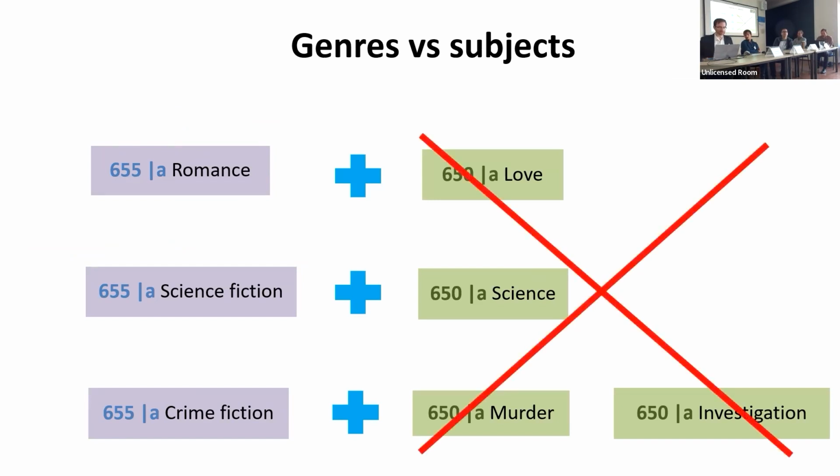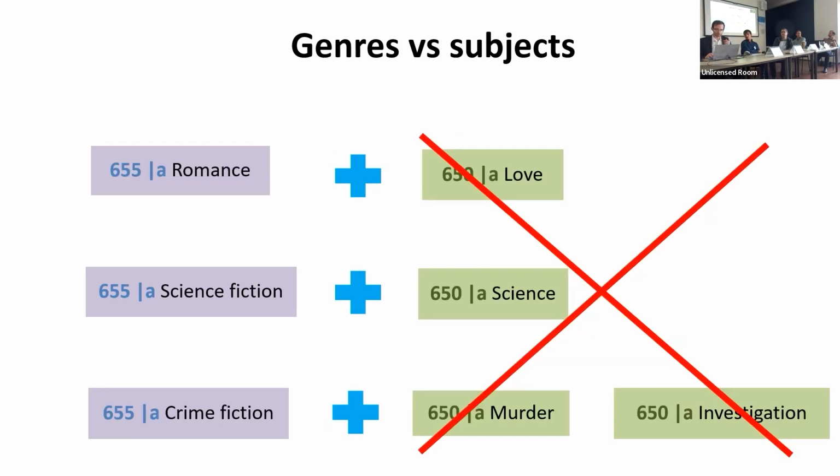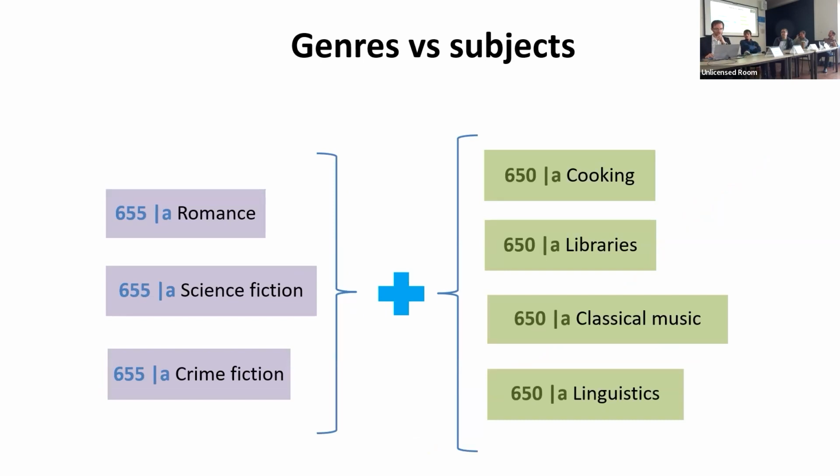So romance will not be assigned love, or science fiction science, and so on. Rather, we are trying to give descriptors which make that particular work different from other works of this particular genre.